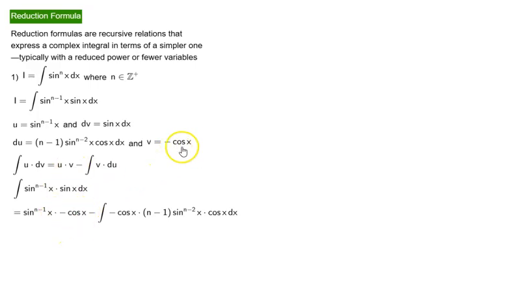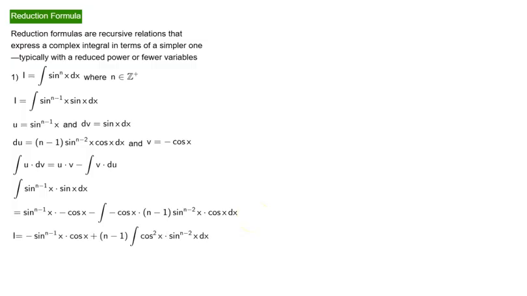V is minus cos x, minus integral of v. V is minus cos x times du. Du is, where is du? n minus 1 times sine to the power of n minus 2 x times cos x dx.